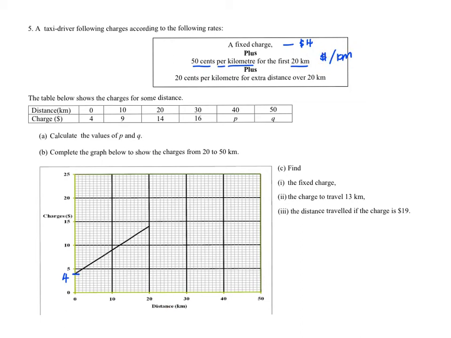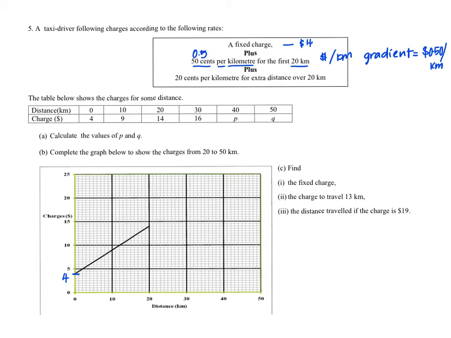So in this case, this tells me that the 50 cents here, which is 0.5, is actually my gradient. So the gradient is actually the rate, which is $0.5 per kilometer.